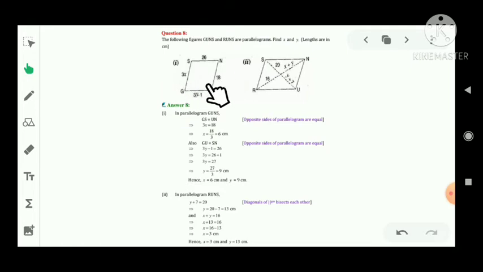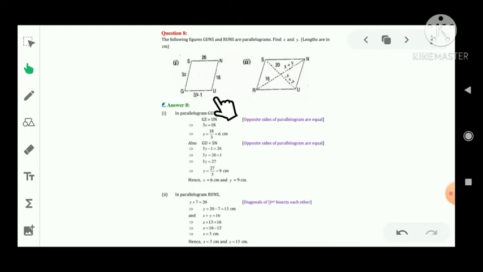As we know the property of the parallelogram, opposite sides are equal to each other. That means 3x is equal to 18. From here we are able to find the value of x. That means 18 upon 3, that is 6 centimeters. So the value of x will be 6 centimeters.